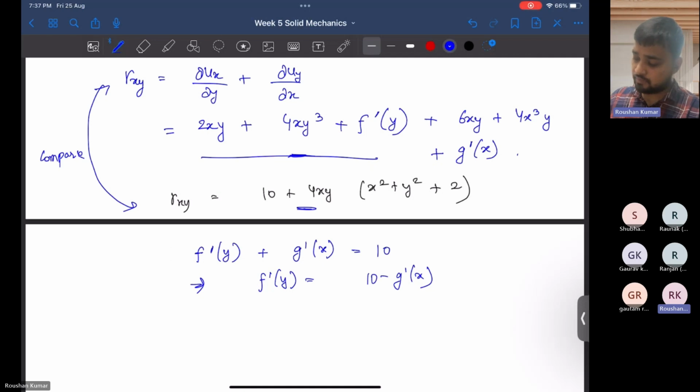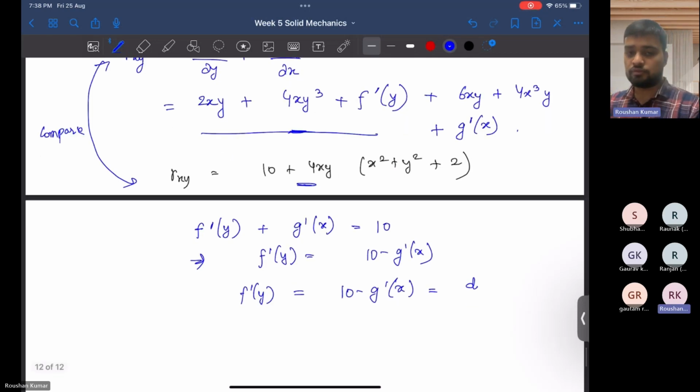And f'(y) plus g'(x) will give us a constant value. That means the LHS is a function of y and the RHS is a function of x, which can be true only when they are both constant, which means that f'(y) equal to 10 minus g'(x), both are a constant value, say d.